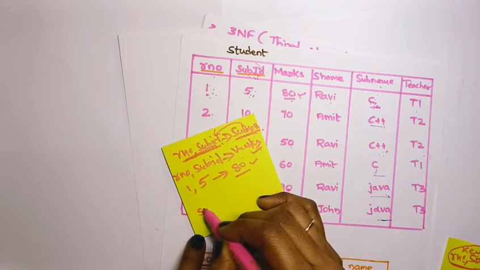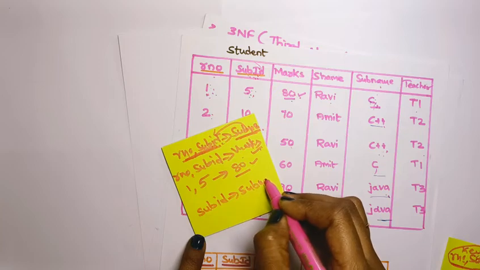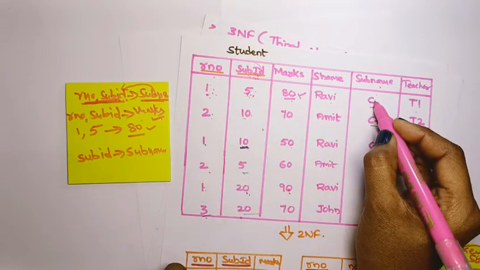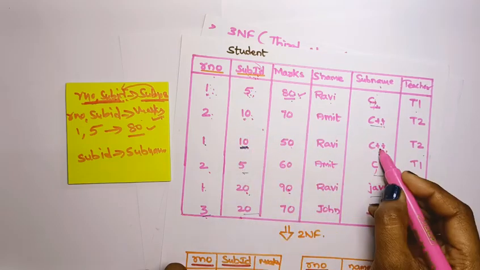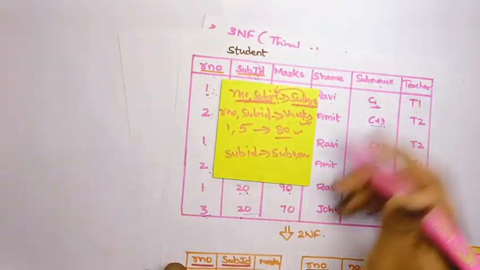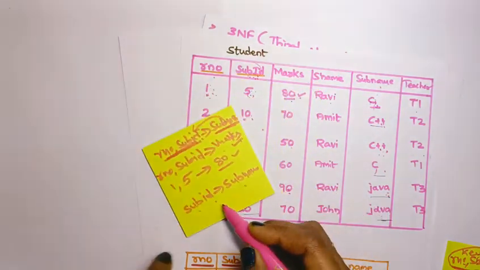And if you observe here, subject ID is determining the subject name. Subject ID 5 means C. Subject ID 10 means C++. 20 means Java. So here, subject ID is determining the subject name.